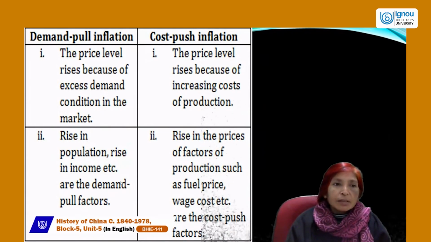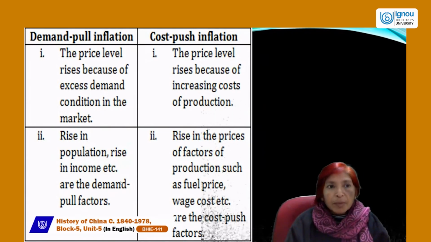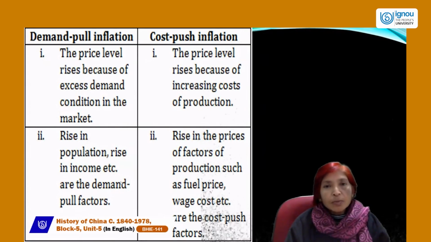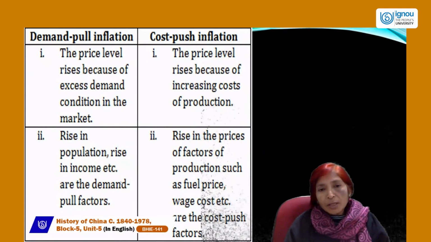Demand pull inflation is a situation when the price level rises because of an excess demand condition in the market, and cost push inflation is a situation when prices rise because of increasing cost of production.